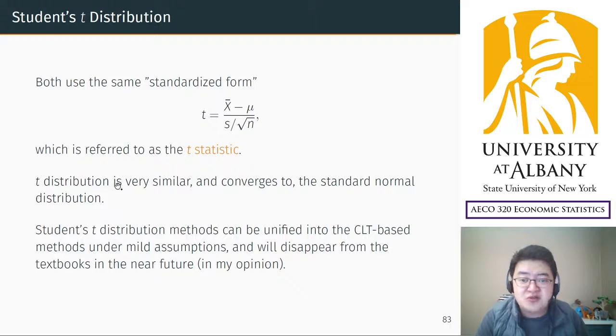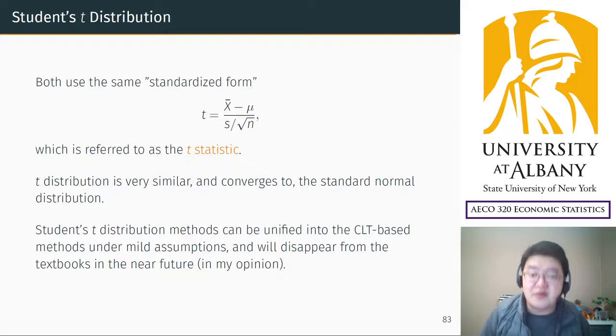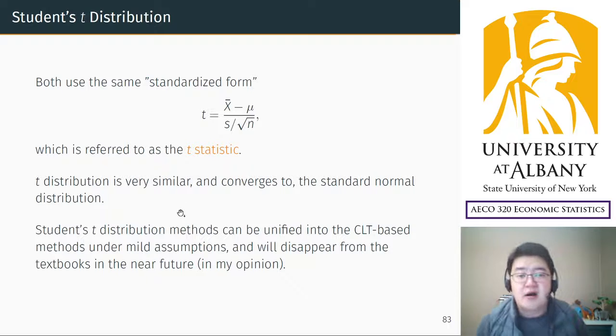And t distribution is very similar and converges to the standard normal distribution. So even if there is an approximation error, that's very small. And I believe in the near future, textbooks must be updated. Textbooks do not need to introduce students' t distribution at the undergraduate level.